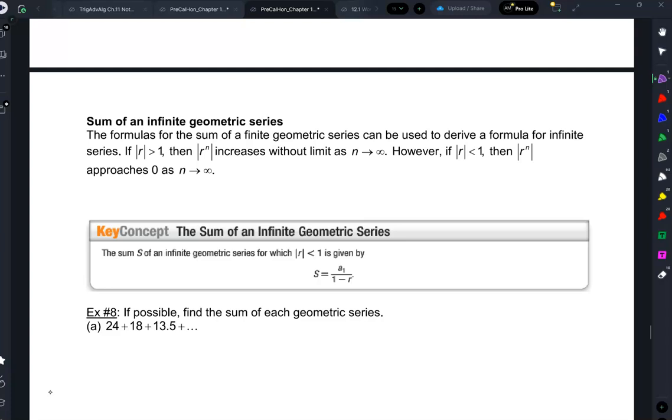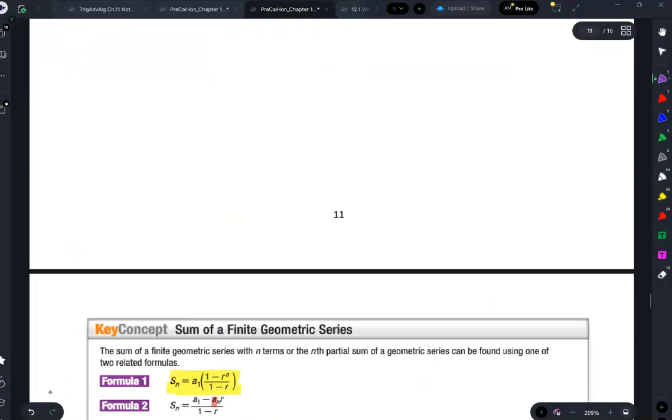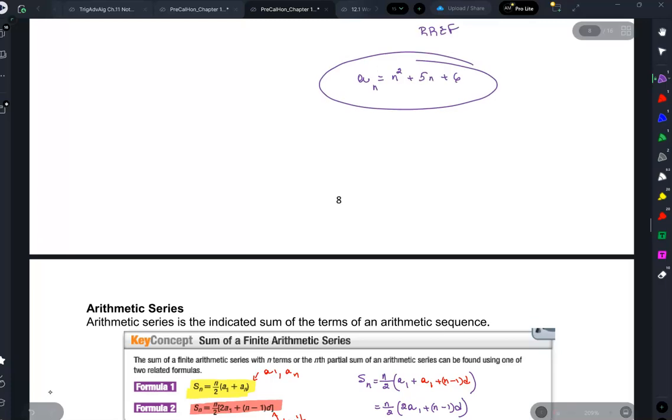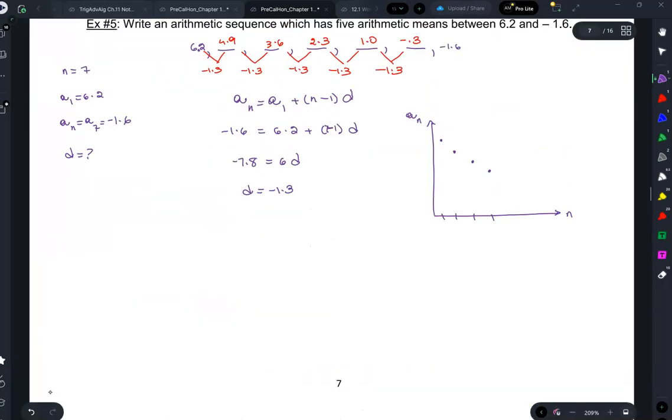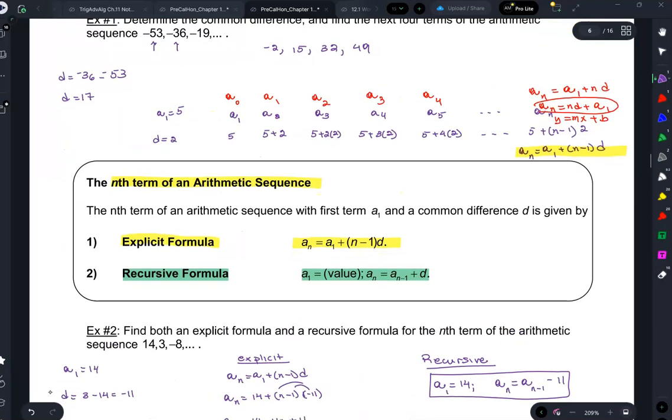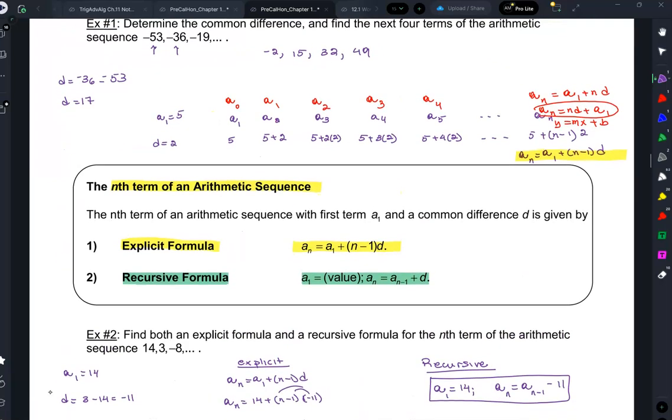And let's talk about why that is. So in the previous section for the arithmetic, we said a sub n was equal to a1. Do you remember how we kept getting a linear function? We actually wrote it right here. We said it was going to be a1 plus nd.